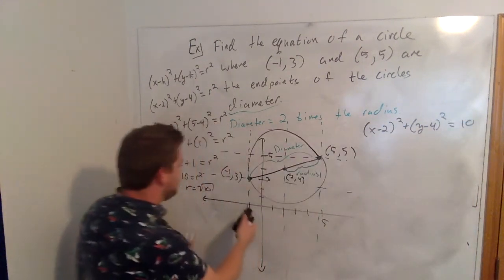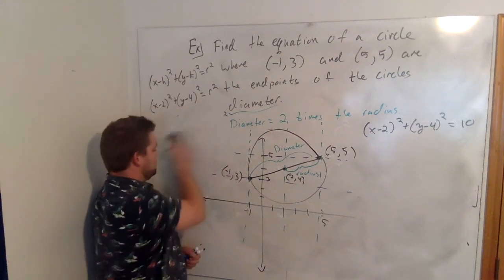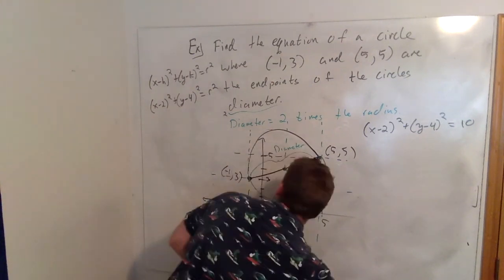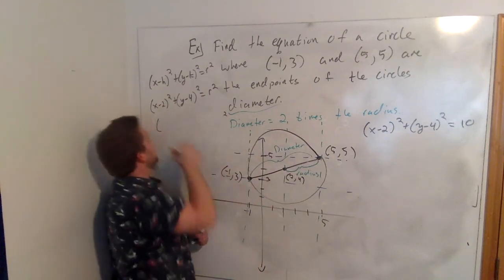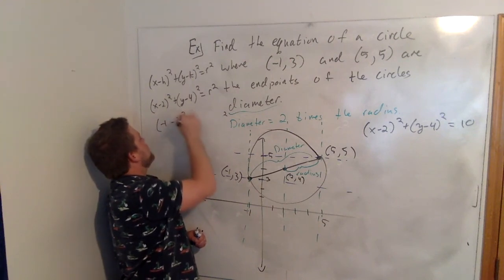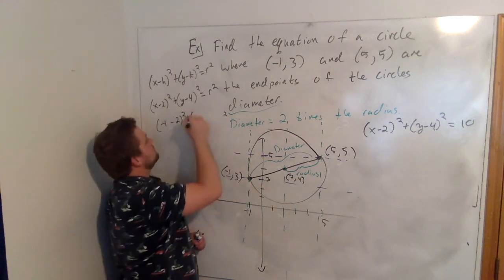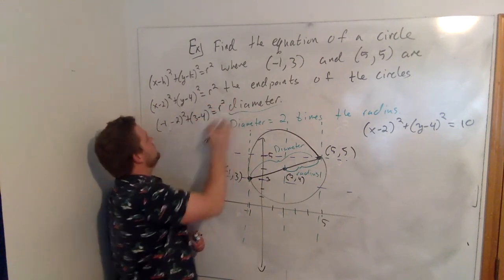This should be the same if we plugged in -1 and 3. Let's test that idea out. This should be on the circle. If we plug in -1 for x, -1 minus 2 squared, plus our y value is 3, so 3 minus 4 squared, will be equal to the radius squared.